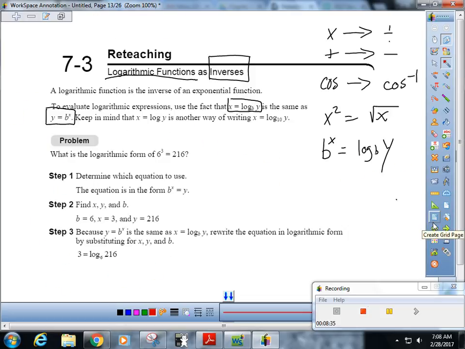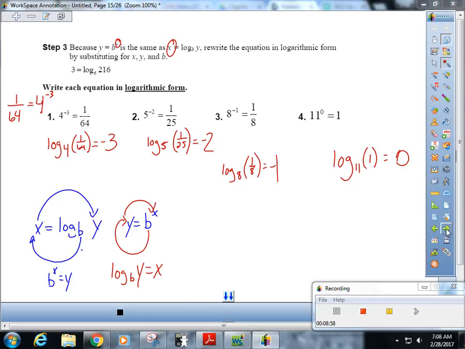All right, now, if it says x equals log of y, that's the same thing as if it says x equals log base 10 of y, okay? So that's just annoying. Some mathematician was lazy and didn't feel like writing a 10 because we are normally in a base 10 system.